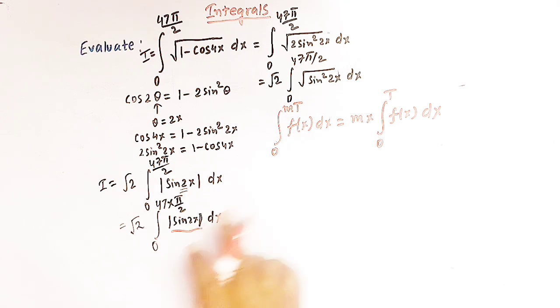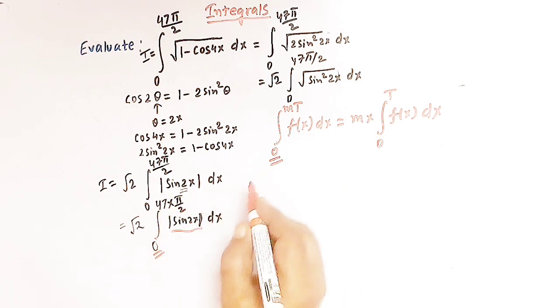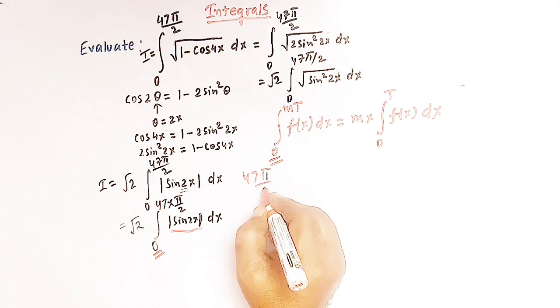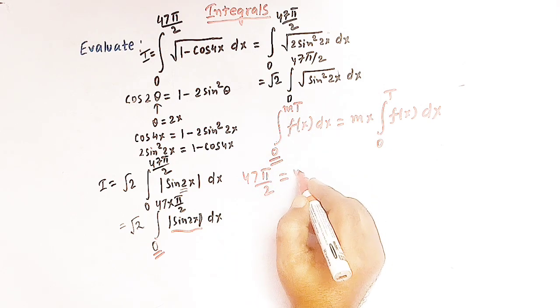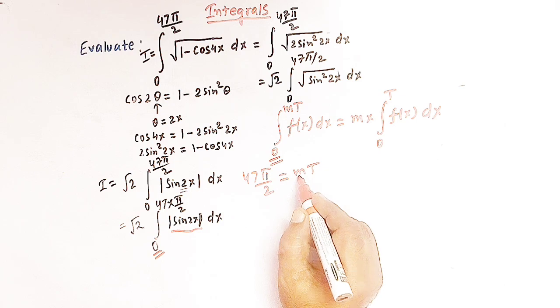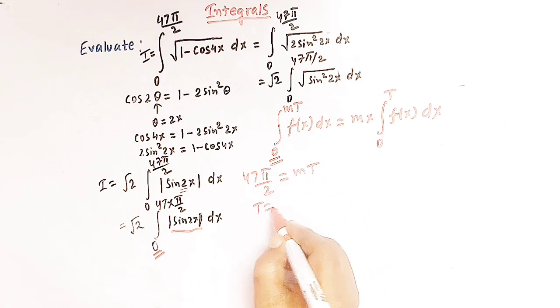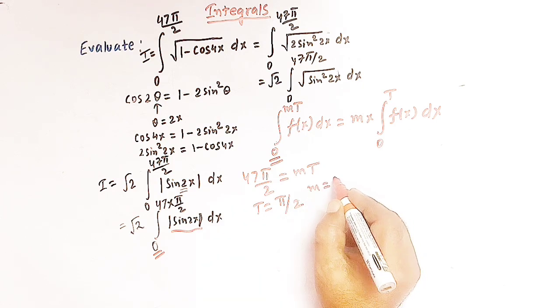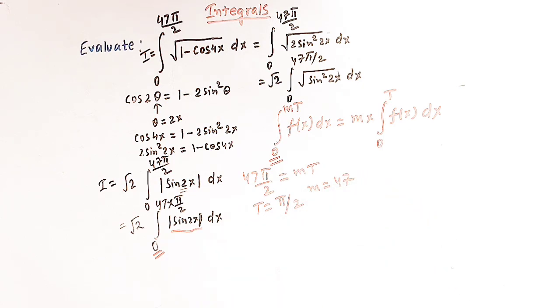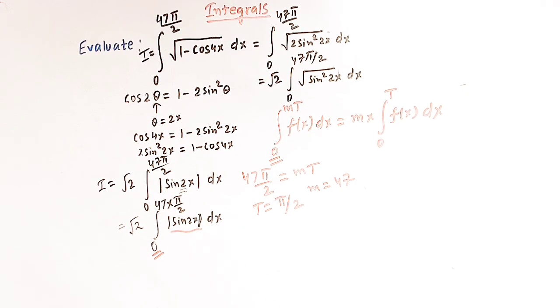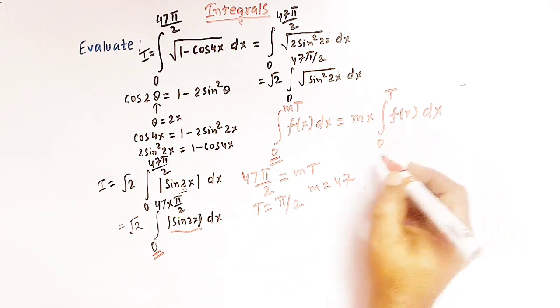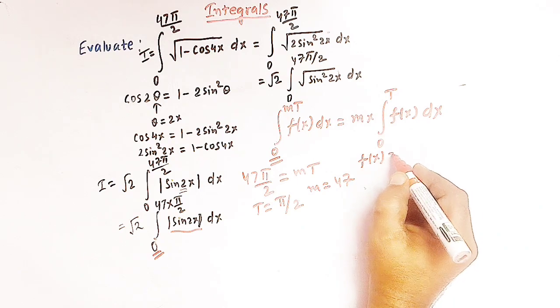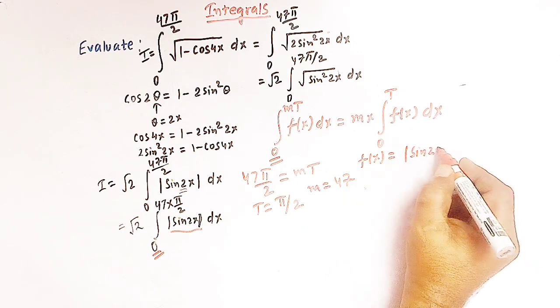If we compare this integral with this one, here we have 0, here also we have 0, and the upper limit 47 pi over 2 is equal to m times t. So if we compare both sides, t is pi by 2, which is the period of mod of sine 2x, and m is 47, which is a positive integer. Obviously, the periodic function f of x is mod of sine 2x.